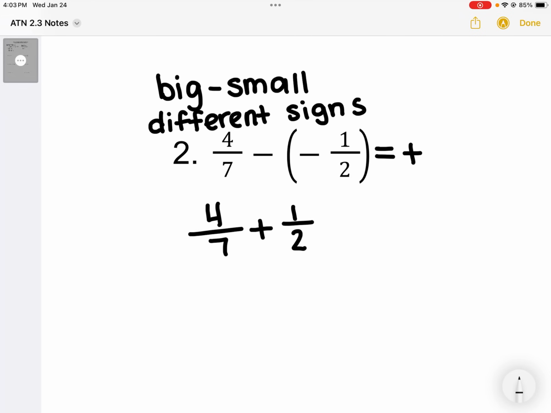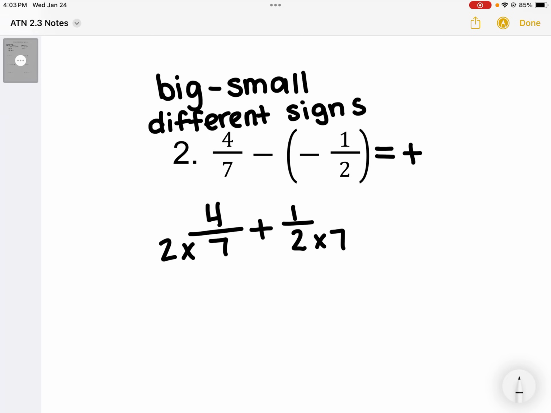Here are some fractions. I need common denominators. That means I need the same bottom number. I need to think of a multiple that 2 and 7 both share. I know that 14 is a common multiple of the two denominators. I can turn 7 into 14 by multiplying by 2. And I can turn this 2 into 14 by multiplying by 7.